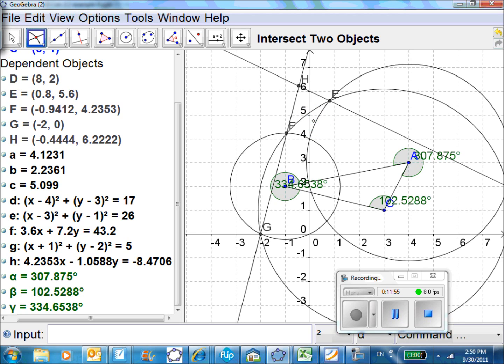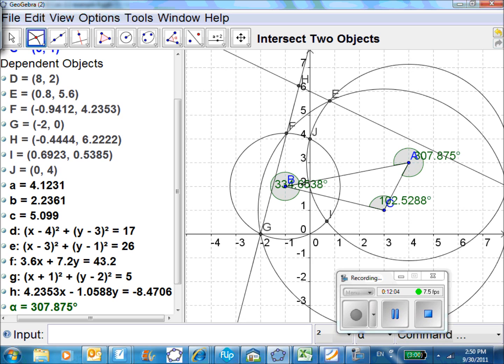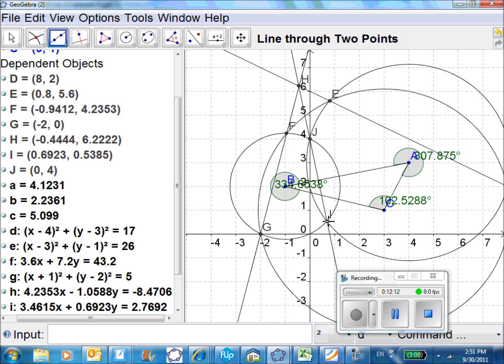Grab that circle. It'll wait until you actually click on something. There you go, and there's your JI. There's your JI, and now we put the line through those two. Line, click, click, bingo, and they all go through H.